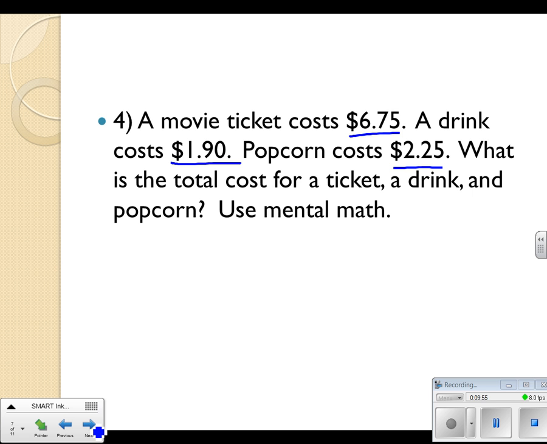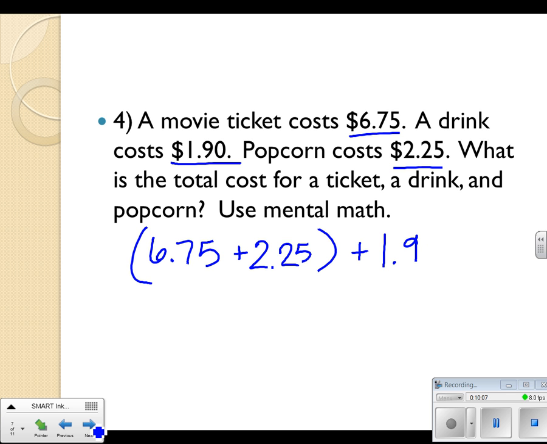And I know to use mental math, I would want to combine 6.75 and 2.25 first, because with mental math, I know that a quarter and 75 cents gives me $1. So if I have $6 and $2 plus that other dollar, that gives me $9, plus $1.90 to give us $10.90.